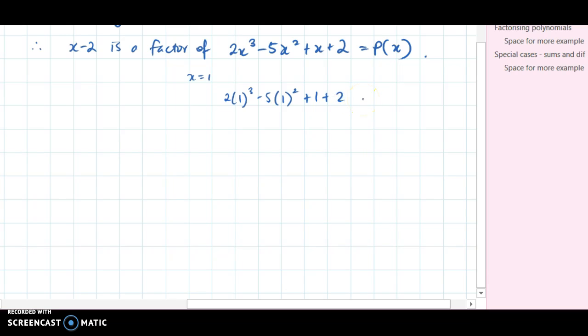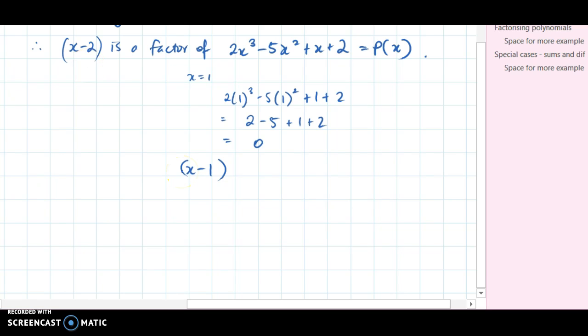And I think that one works: 2 minus 5 plus 1 plus 2, which is 0. So, by chance, it means that x minus 1 is also a factor. So we've got this and this, right? And then you just need one more factor because you know that there's x cubed, so I should have 3 x's in brackets right next to each other.